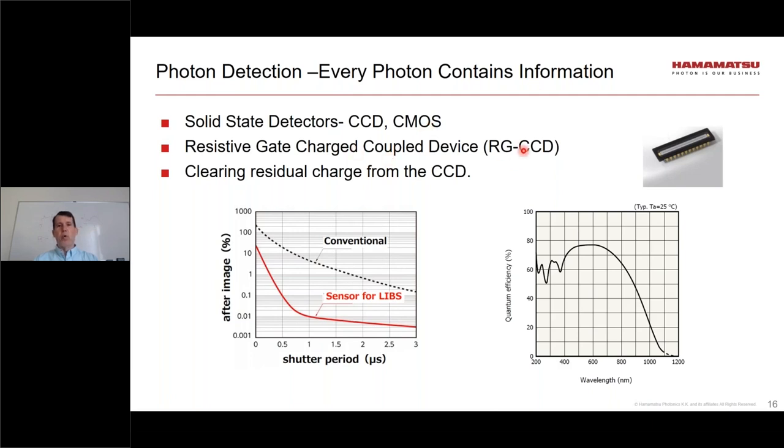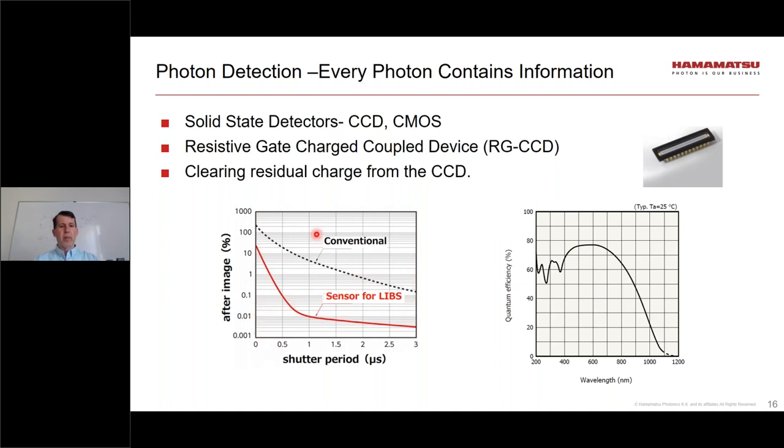We'll look at one example of a so-called resistive gate charge coupled device and how it gates the accumulation of signal from the LIBS.